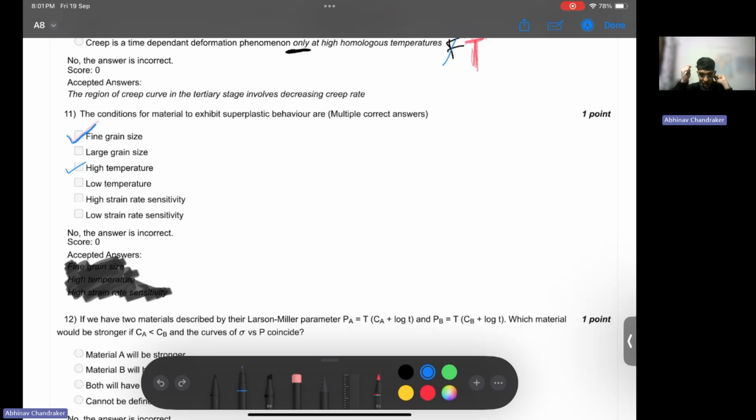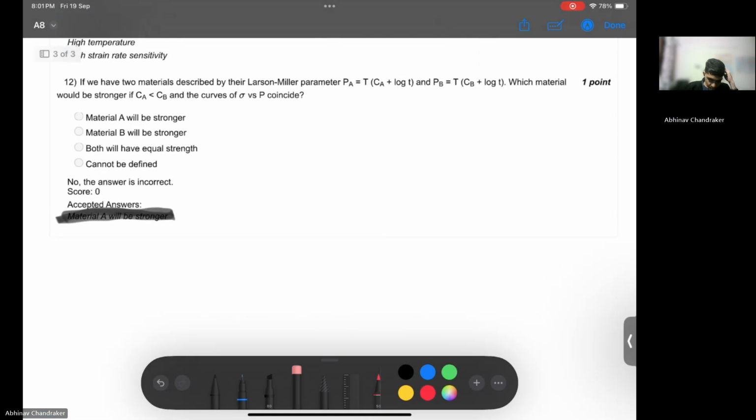So strain rate sensitivity should be high if you want superplasticity, so that even in thinner, less cross-section regions, you do not have necking taking place easily. The strength of that region is high. So high strain rate sensitivity. Let's look at the answer. Oh yeah, this was a good question.